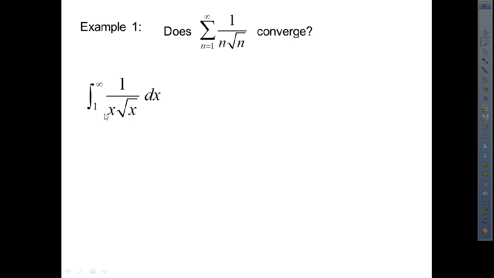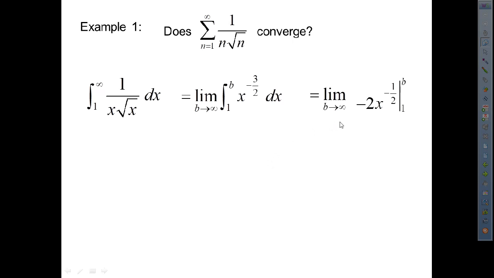Well, if we put those together, that's going to be x to the 3 halves. Move it to the top, it's going to be x to the -3/2, and we integrate. Of course, going off to infinity, that is an improper integral, so we're going to have to use a limit in the process. And when we do, we're going to take the antiderivative of x to the -3/2, and we're going to get -2x to the -1/2 power, evaluated from 1 to b.